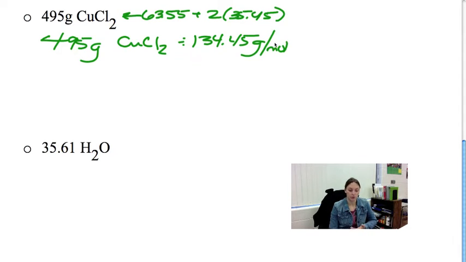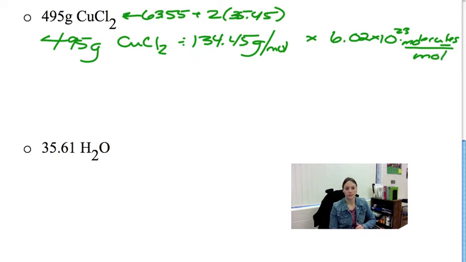Divide those two, I'll get a certain number of moles, and then multiply by the 6.02 times 10 to the 23rd. And these are actually molecules per mole. When you talk about a compound, it's always dealing with molecules. When you talk about an element, you're dealing with atoms. So we do this division and then the multiplication.